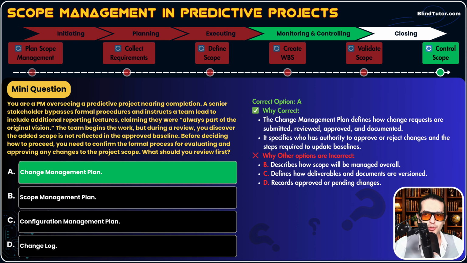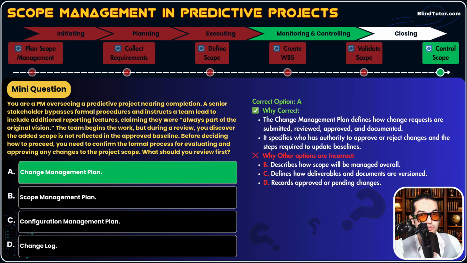Also, during control scope, this plan, the change management plan, ensures that unauthorized scope changes, which we call scope creep, are identified and handled through the formal change control process. Okay, it specifies who has authority to approve or reject changes and the steps required to update baselines.